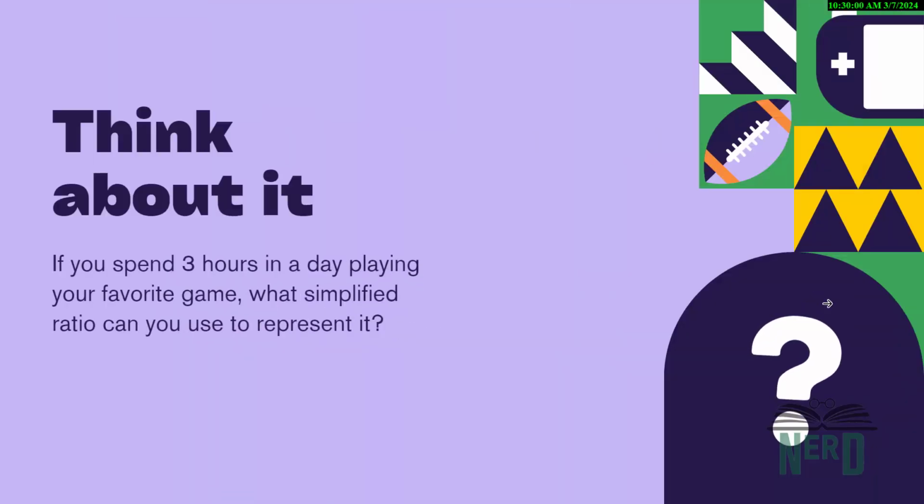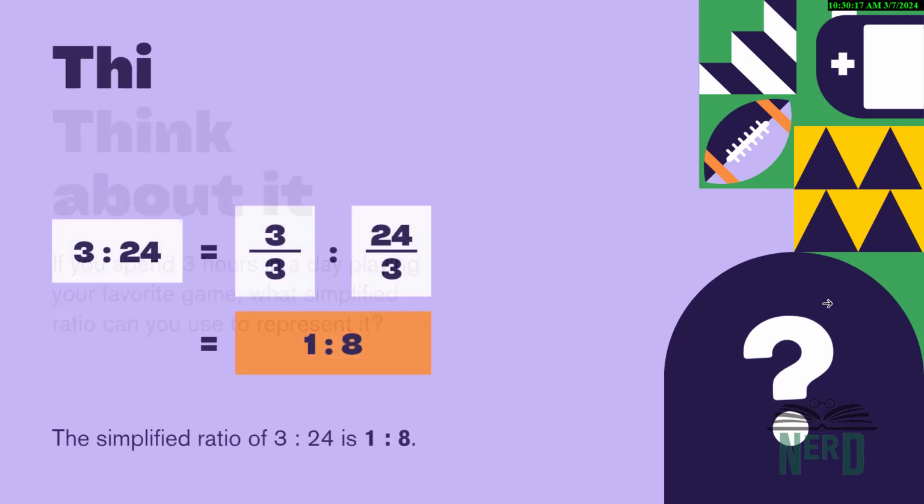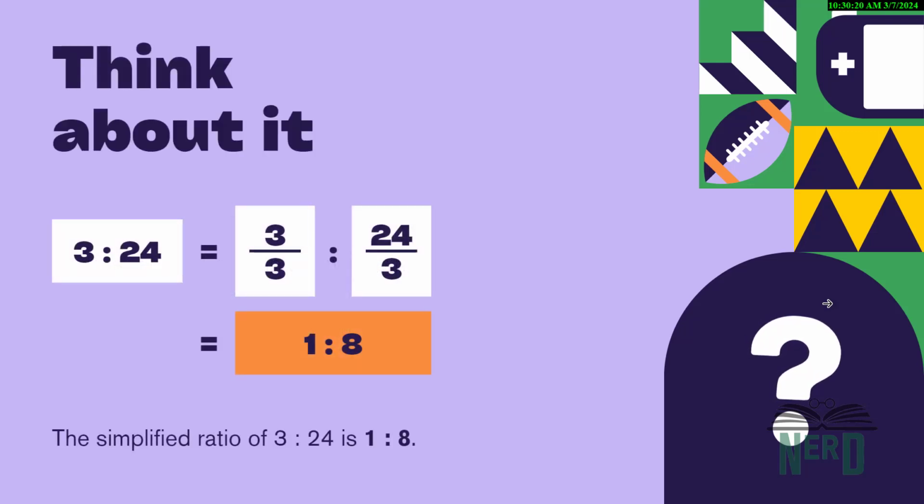And think about this. I asked you in the beginning, how many hours do you spend playing games in a whole day? So if you spend 3 hours in a day playing your favorite game, what simplified ratio can you use to represent it? You will write 3:24, but as you know, it can be further simplified. How?